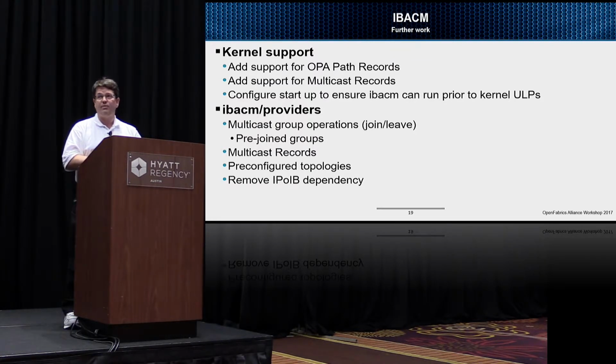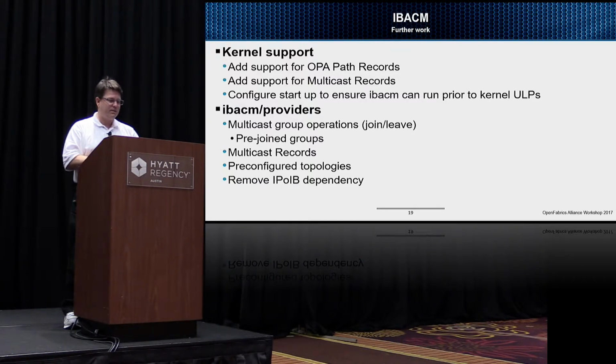We could even pre-configure Ibacm to know that. And then when IP over IB comes up, it says, I want to join this group. Instead of that going to the SA, it goes to Ibacm. Ibacm says, yeah, I know that you're configured to be in this group, and returns that information, again, without any SA information going over the wire.